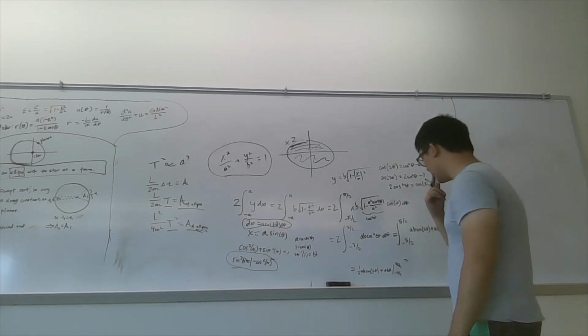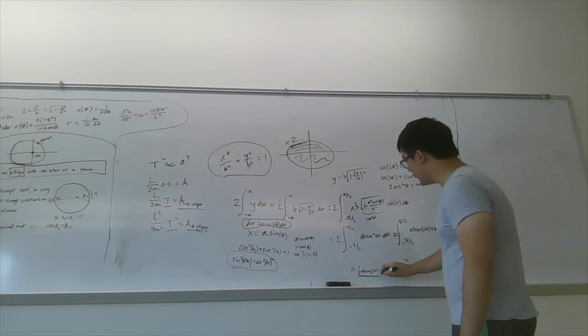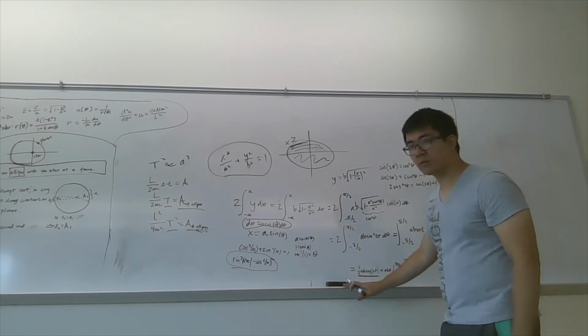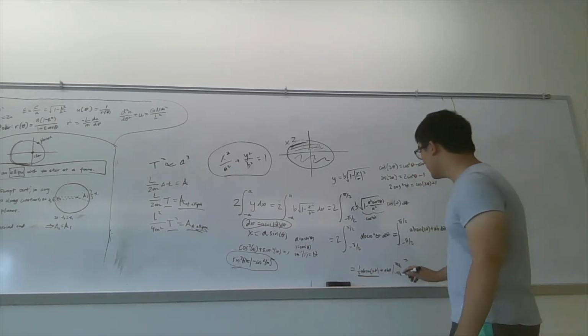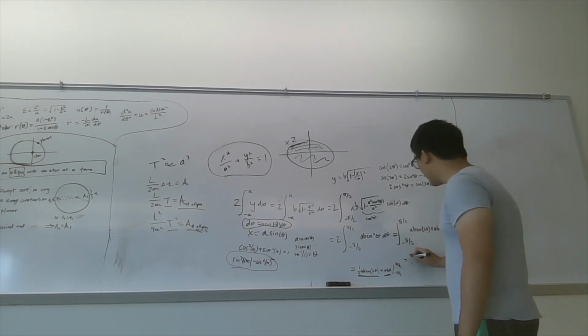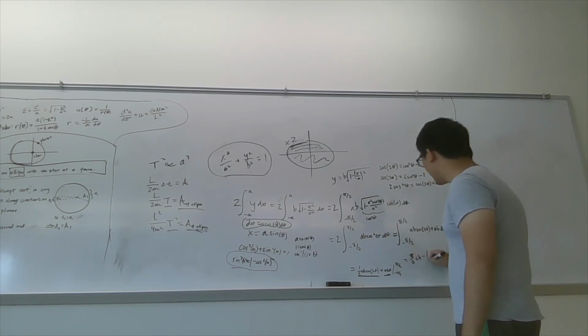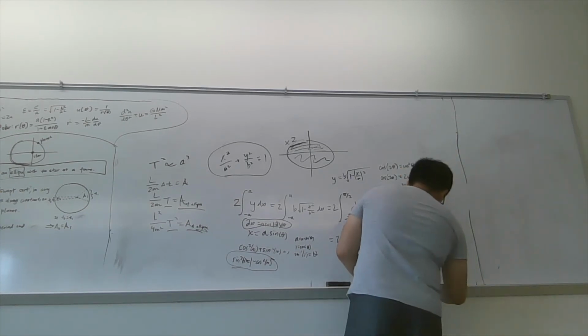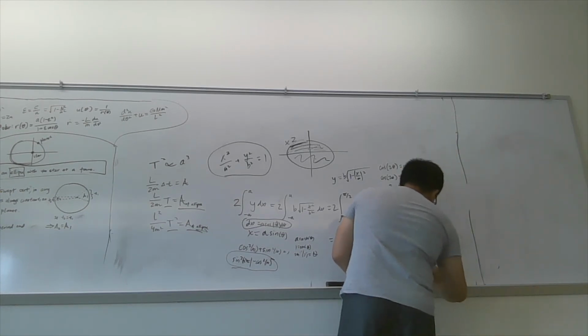So this term right here will contribute nothing to the overall integral. We only have to worry about this term, and computing it, we get pi over 2 ab minus negative pi over 2 ab. And this is simply pi times ab.